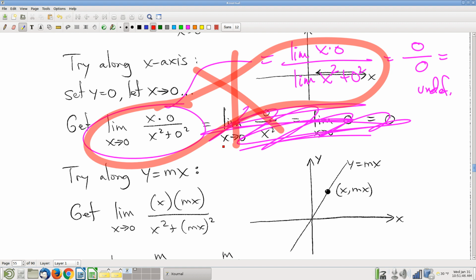This is a class about deductive reasoning, about proper reasoning. If you were to write this down on an exam, and then you write 0 over 0 and claim, therefore, the limit doesn't exist, that's not going to get much, if any, partial credit.